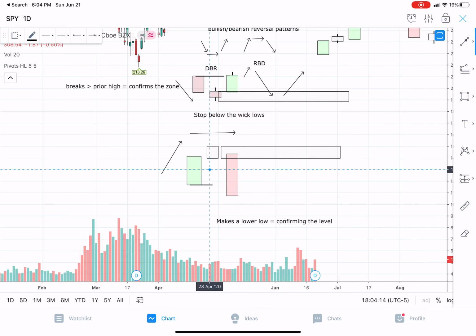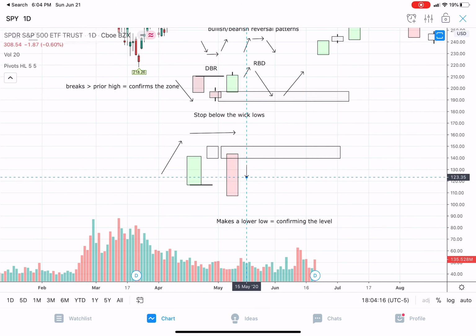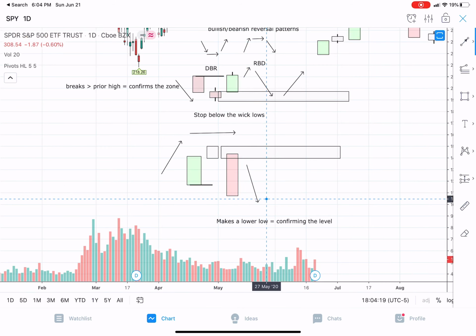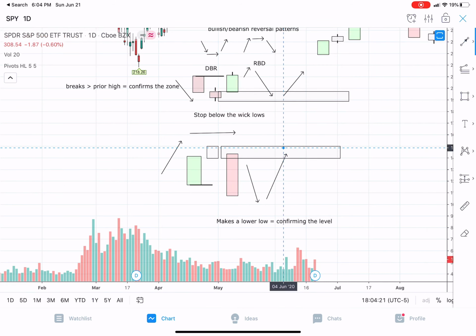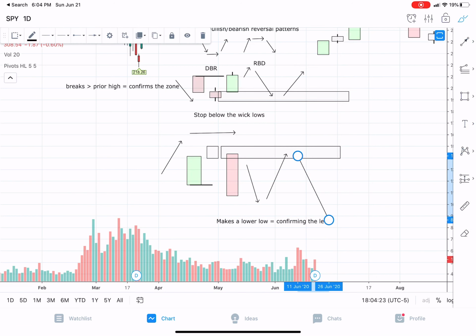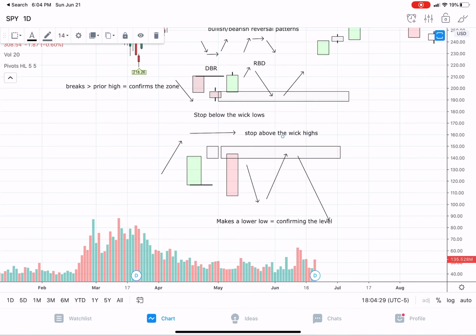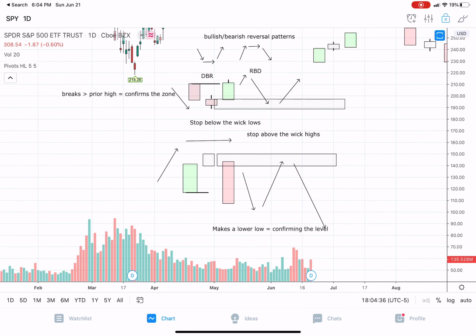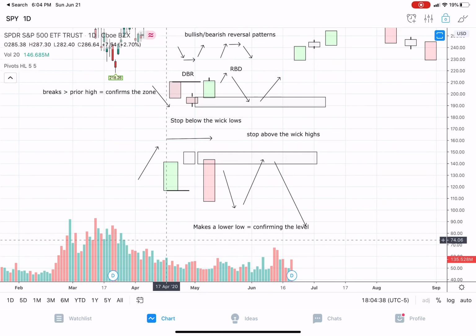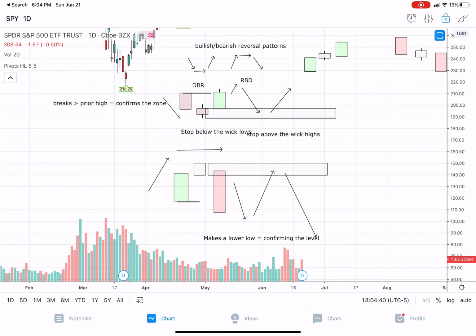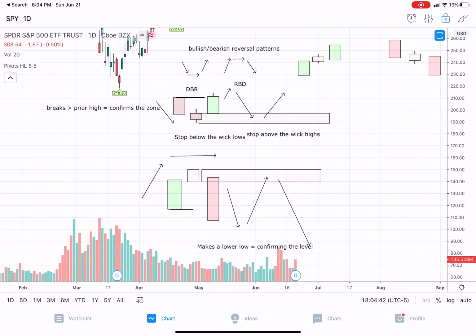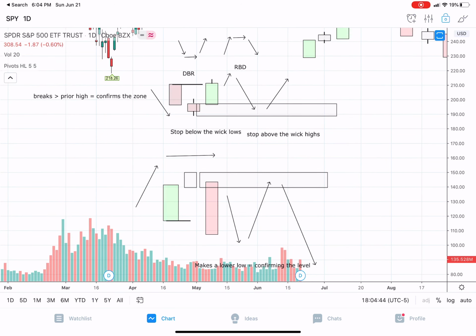Price is going to sell off, and then we want to look for a short entry here and fade it with a stop above the wick highs. Essentially what this pattern is telling you, based on the lower lows into the zone, is that these are our reversal structures, which typically begin new impulsive moves.